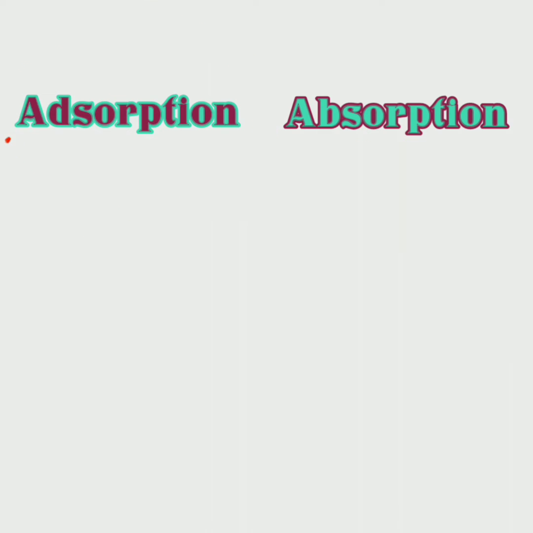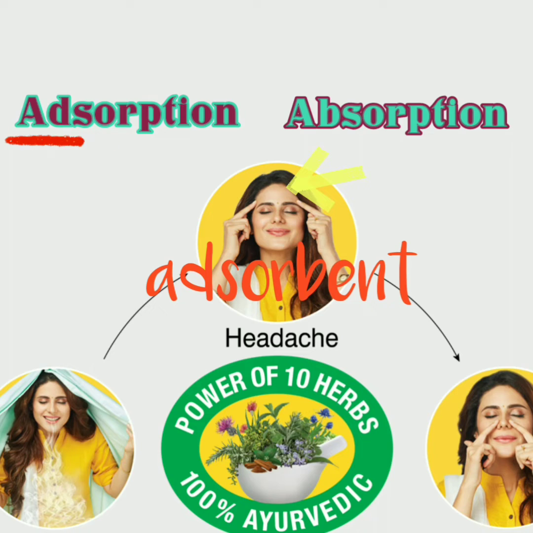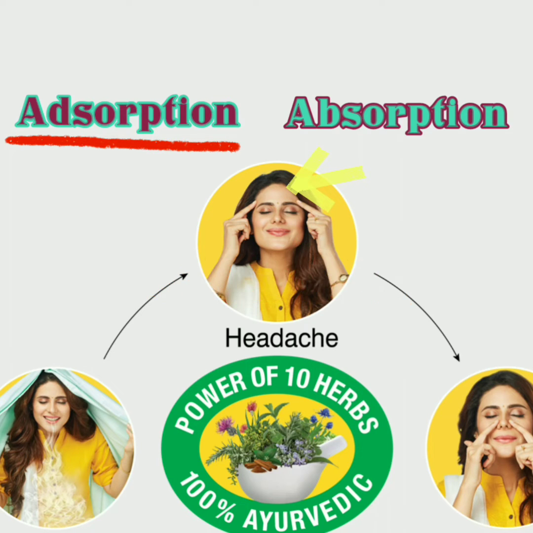Adsorption means, if we have a headache, we use Amrutanjan or anything, whichever you prefer. But here, Amrutanjan does not get absorbed, it sticks onto the skin while reducing the pain. It is only present outside. So, Amrutanjan acts as an adsorbent for us to reduce the pain.